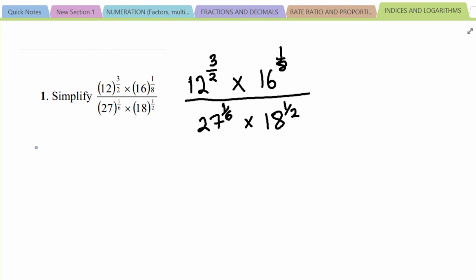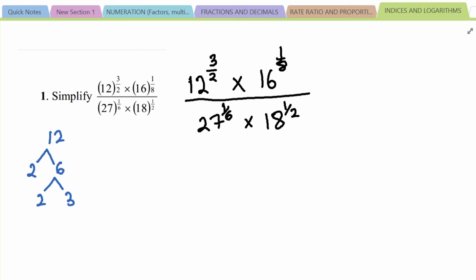So let's look at 12 here. 12 by 2 is 6, by 3, by 2, we remain with 3. That is 12 for you.